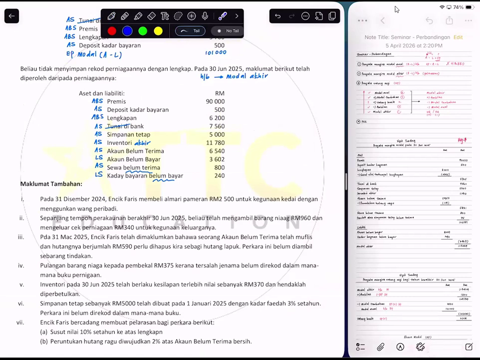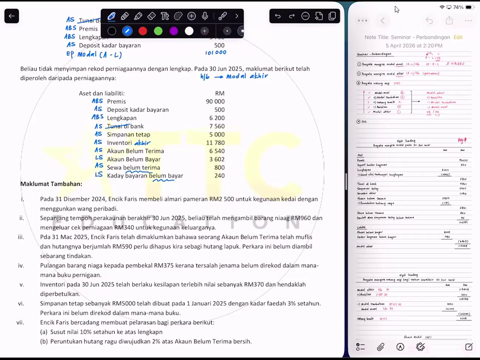Okay, in the middle of the year, Faris, the boss, membeli almari pameran. He bought display rack 2,500 untuk kegunaan kedai dengan menggunakan wang peribadi. When you see menggunakan wang peribadi, means the boss is using his own personal money to buy something for company usage.